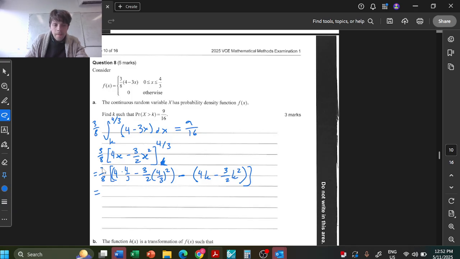Okay, so let's see what we can simplify down here first. We can split this if we wanted to, but just to save time, we can see that the 3s there are going to cancel out. There's going to be 16/8, so that's 2 there at the front.